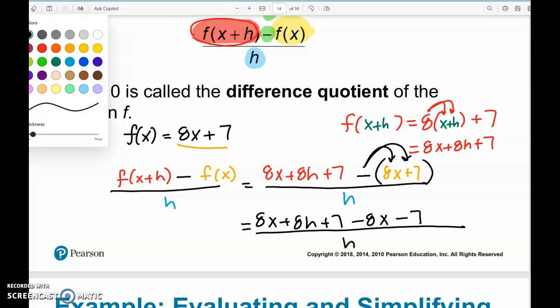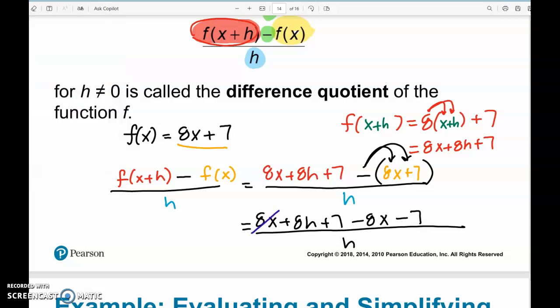Let's see if we have any like terms. Remember, like terms will have the same variable with the same exponent. Let's see if I have any like terms that will cancel it out. 8x minus 8x, that's 0. I've got 8h, well, nothing will cancel that. 7 minus 7, that's 0.